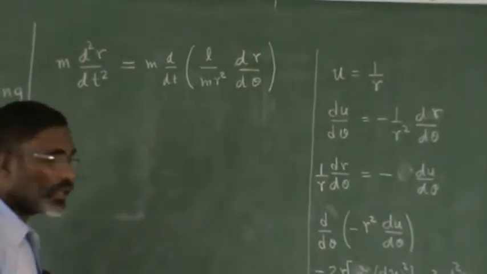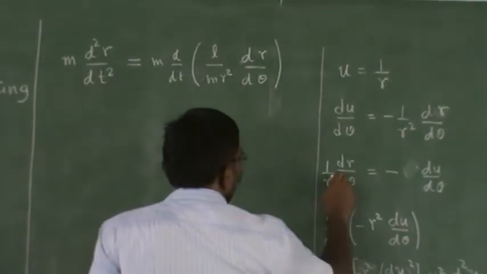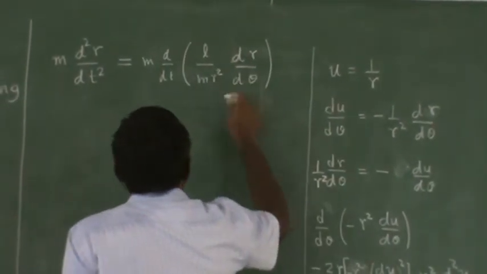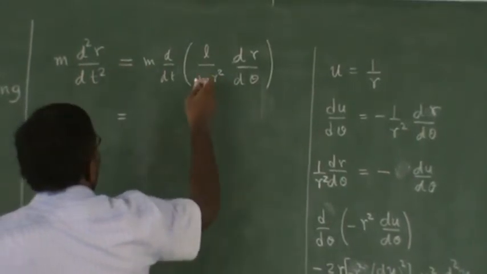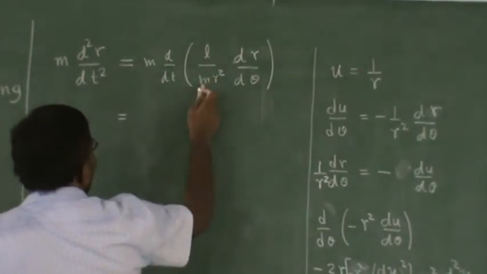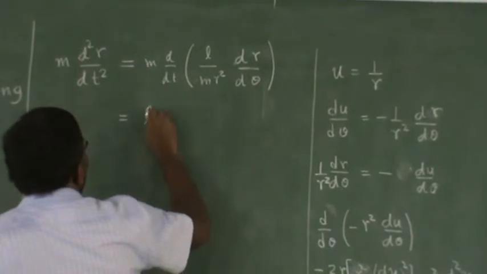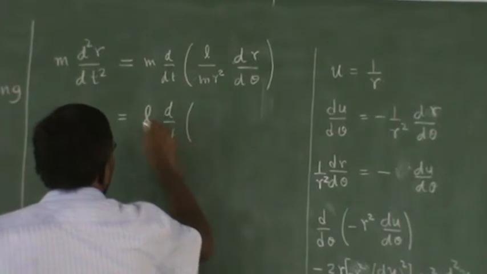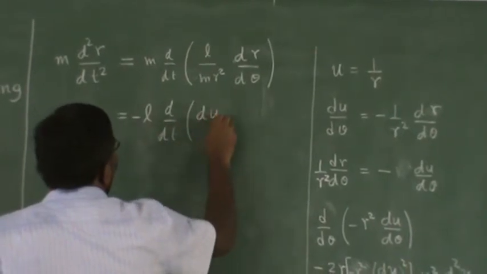If I write like that, 1 by r square into dr by d theta is du by d theta. So this m I will pull out, m will cancel. So it will be L d by dt with a minus sign du by dt.